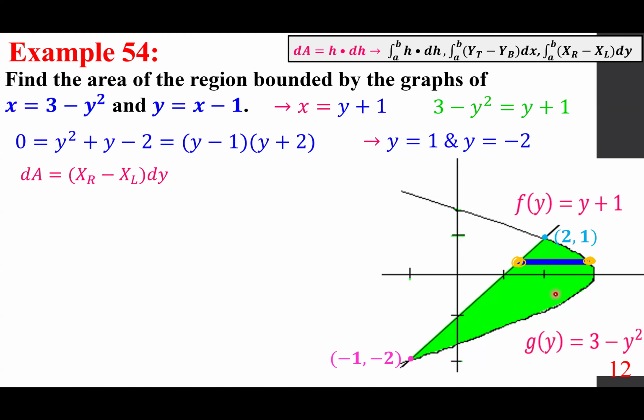X of the right comes from the curve and is 3 minus y squared. X of the left comes from the line and it's y plus 1. So this is g minus f: 3 minus y squared minus (y plus 1) dy. The idea is to understand how this works and the rest becomes fairly easy, everybody.